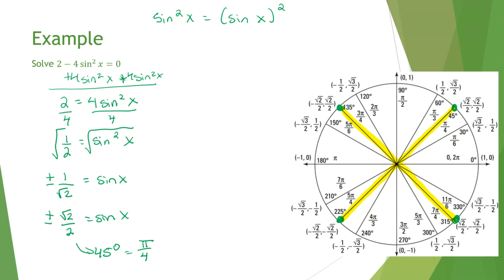So I can write my answer as x equals pi over 4 plus pi over 2 n, because the difference between each of these is pi over 2. There's a pattern.